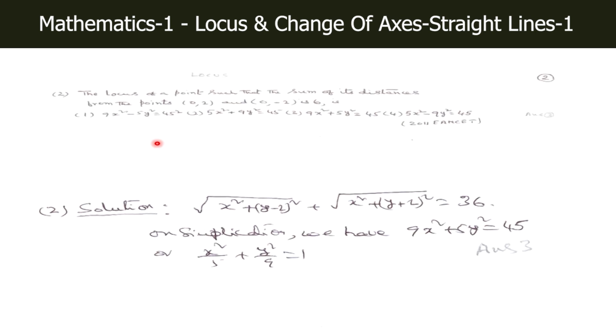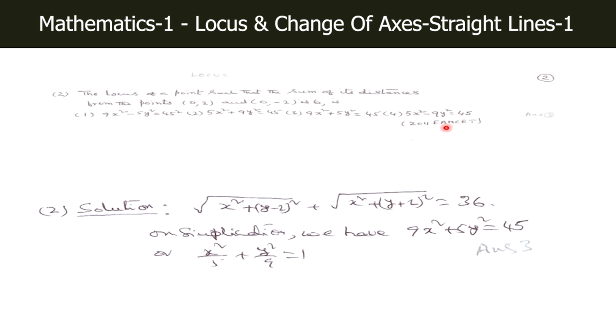Second question. Locus of a point such that the sum of its distances from two fixed points (0, 2) and (0, minus 2) is 6 is: number 1, 9x square minus 5y square is equal to 45; 5x square plus 9y square is equal to 45; 9x square plus 5y square is equal to 45; 5x square minus 9y square is equal to 45.